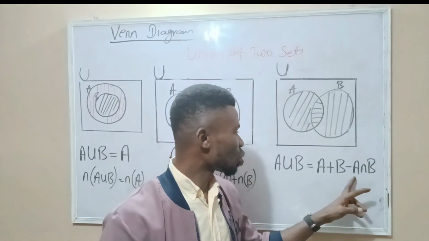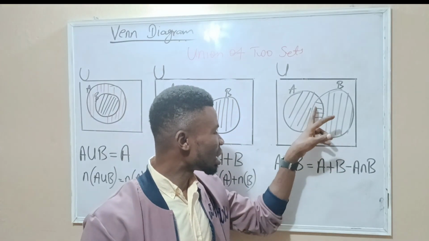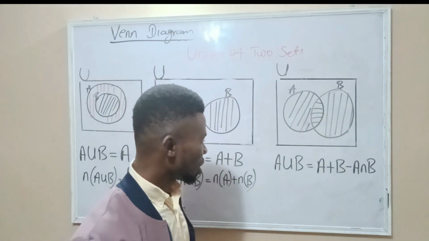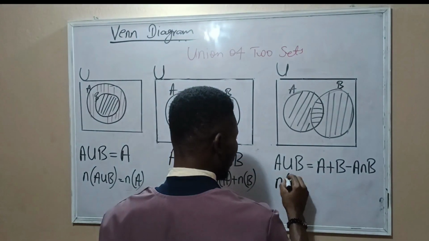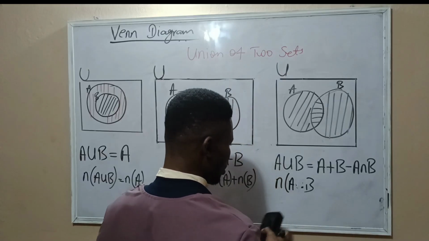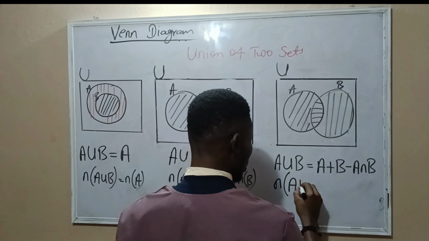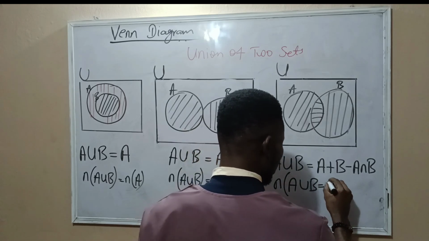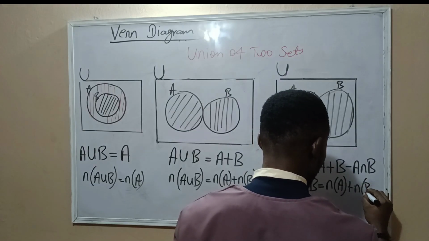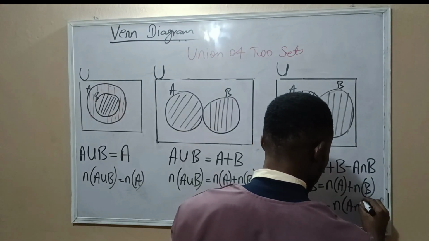So, in order to remove one, that is why we put minus A intersection B. That is minus this intersection point, because it has been counted twice, and then to remove one, we put minus A intersection B. Therefore, number of A union B is equal to number of A plus number of B, then minus number of A intersection B.